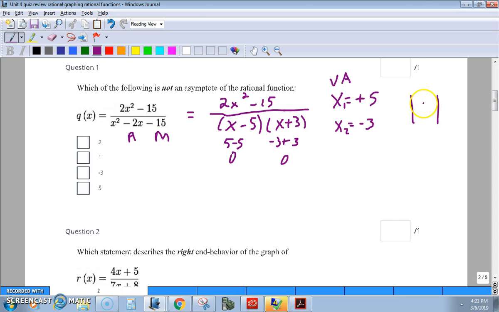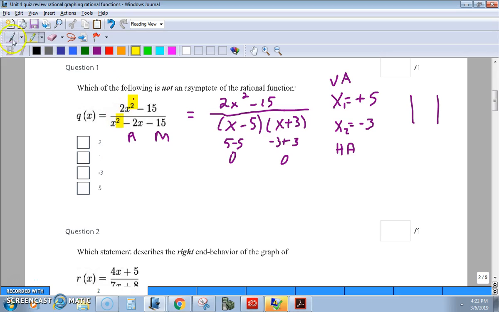Now, the third asymptote, the reason why there's just one, is that we need to figure out the horizontal asymptote. If you guys still have questions about this, please go back and watch that video. It does a great job, much better than I did in class, of explaining how to find the horizontal asymptote. For this particular case, since the numerator and the denominator both have degree 2, there's a 2 there and a 2 there.